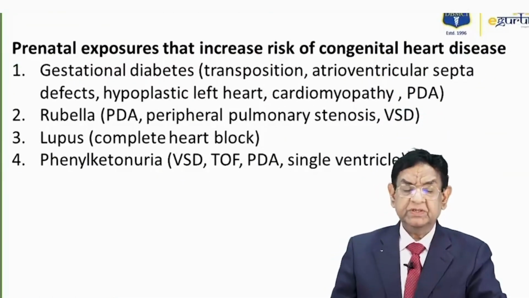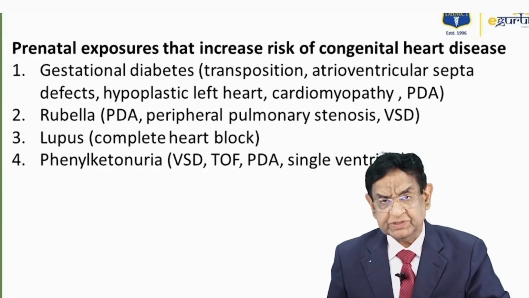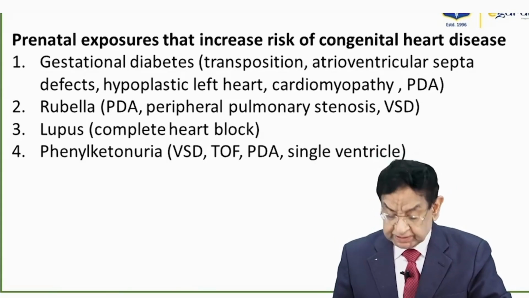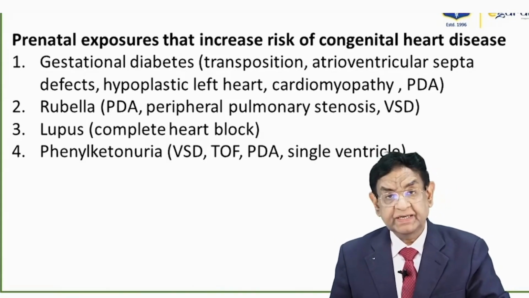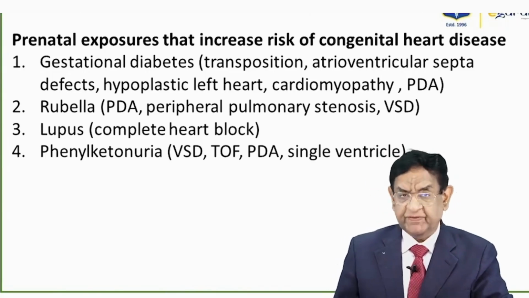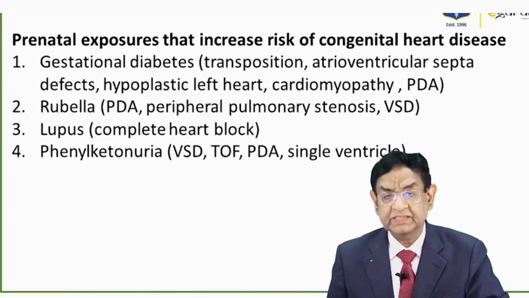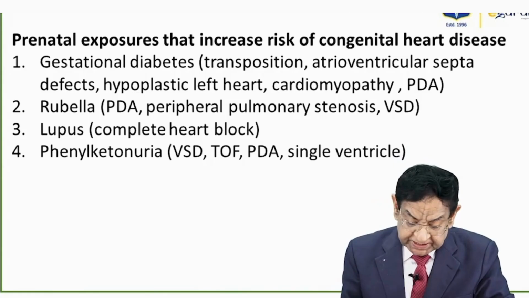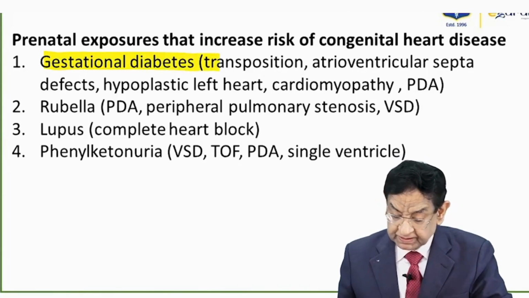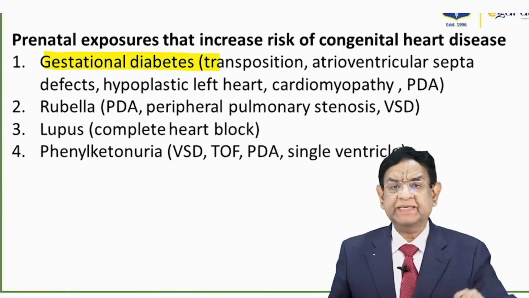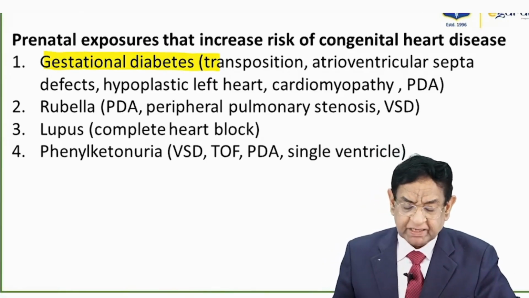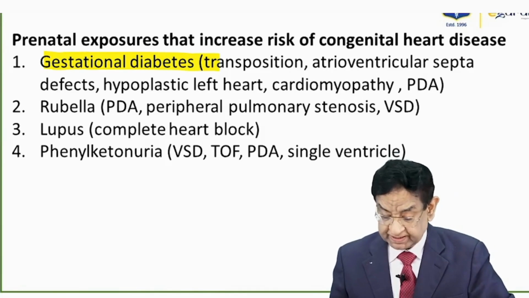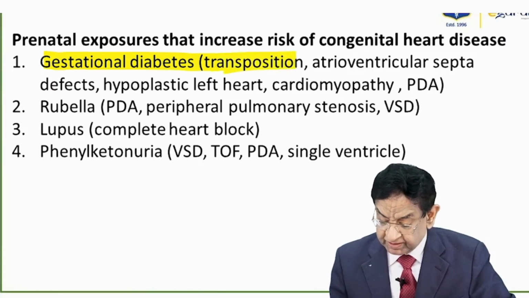Well, we saw some of the associations with congenital heart disease, but sometimes prenatal exposure to certain medical conditions or infection can also lead to congenital heart disease. This is again a very, very important slide. Gestational diabetes: what are the problems that a newborn child born to a diabetic mother can have? Transposition of the great vessels.